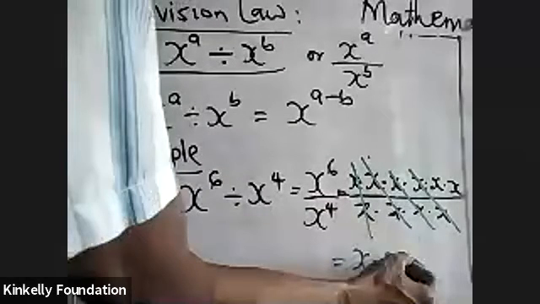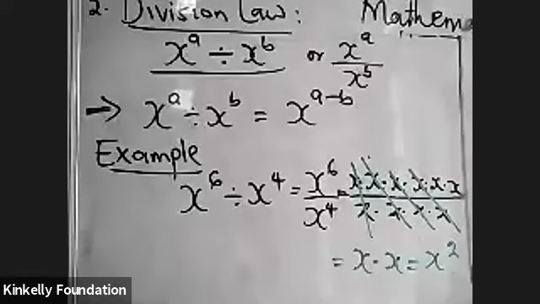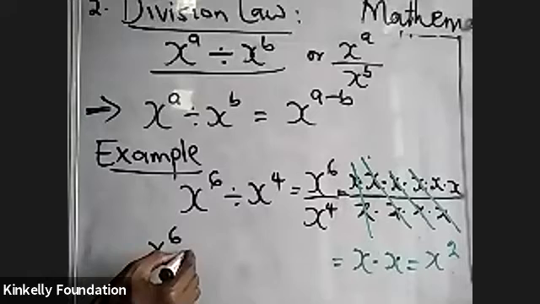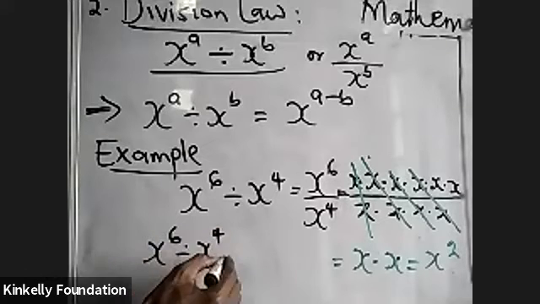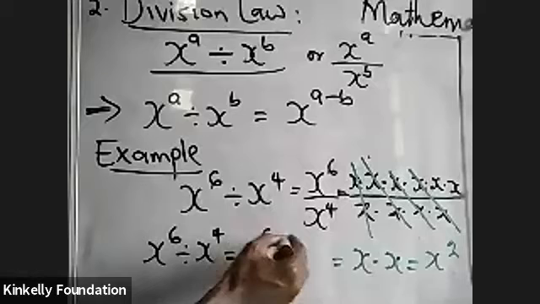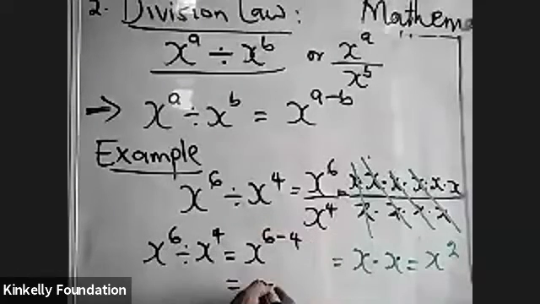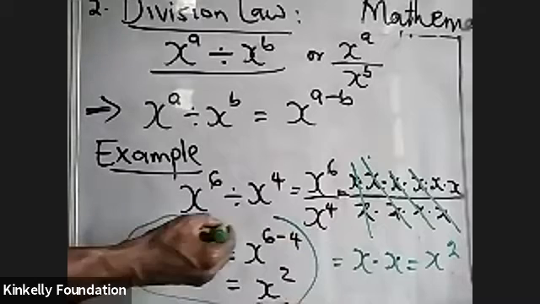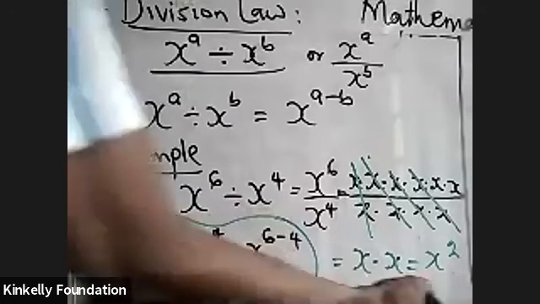So what do you notice here? That s raised to power 6 divided by s raised to power 4 is the same thing as s raised to power 6 minus 4 to give us s raised to power 2. You see, they are the same. So what we have here as our result is the same thing as what we have here when we expanded the term.